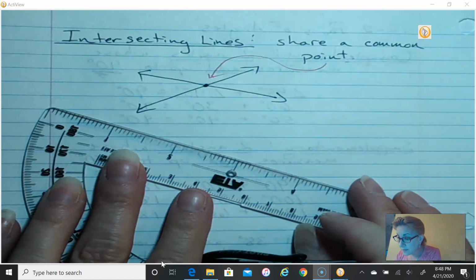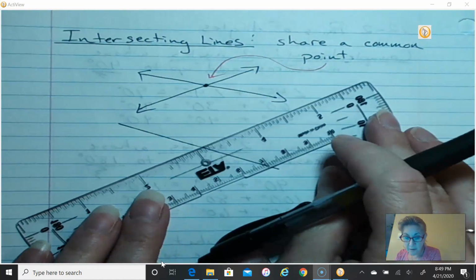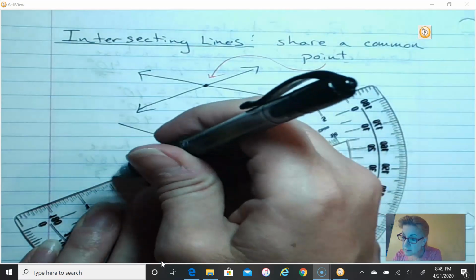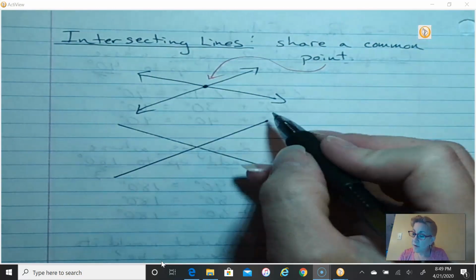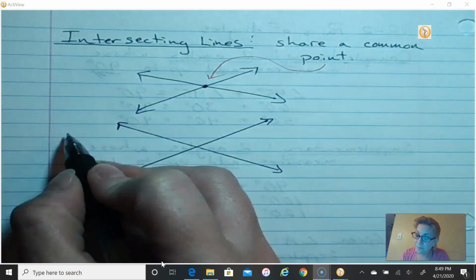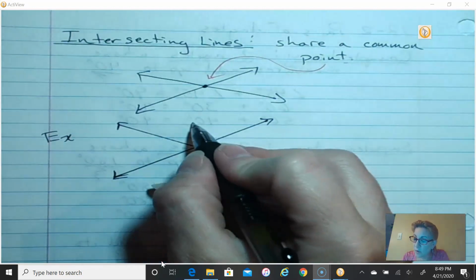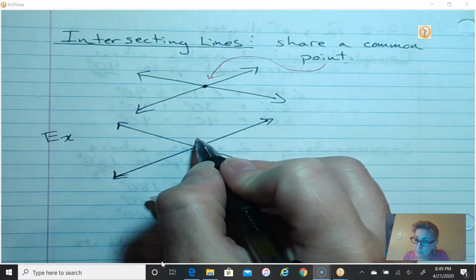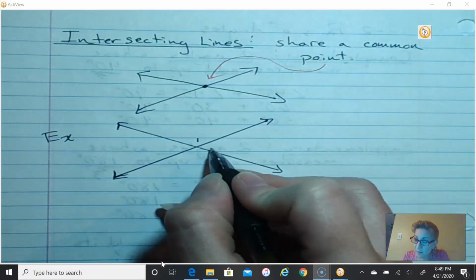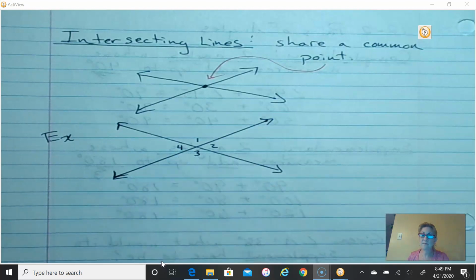All right, so I have these two lines. These are intersecting lines right here. Let's say this is angle 1, and this is angle 2, 3, and 4.